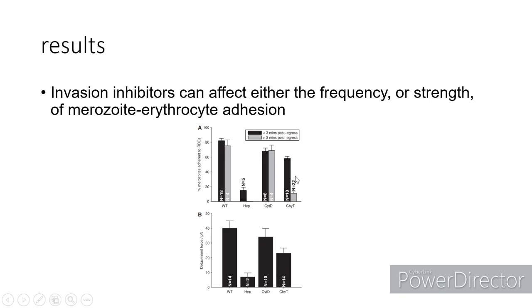But when the post-exposure time is longer than 3 minutes, the percent of merozoites is very few, just as much as with heparin. And the attachment is fewer than the wild type. The other thing may be that the enzyme treatment of erythrocytes shortens the working time of invasion.